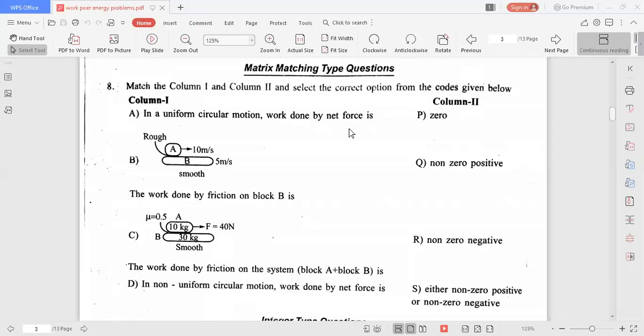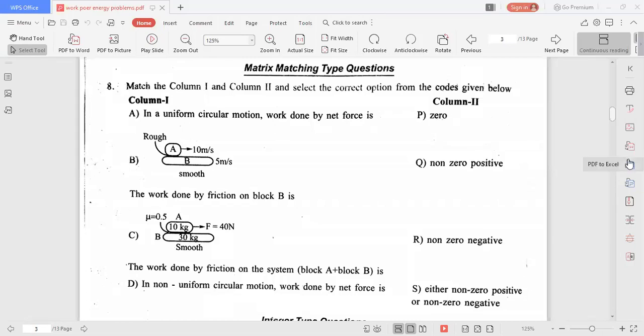This type of problem is important in advanced exams. All of you stop your video sharing. Amritesh Kumar, Ayan, all of you stop your video sharing.